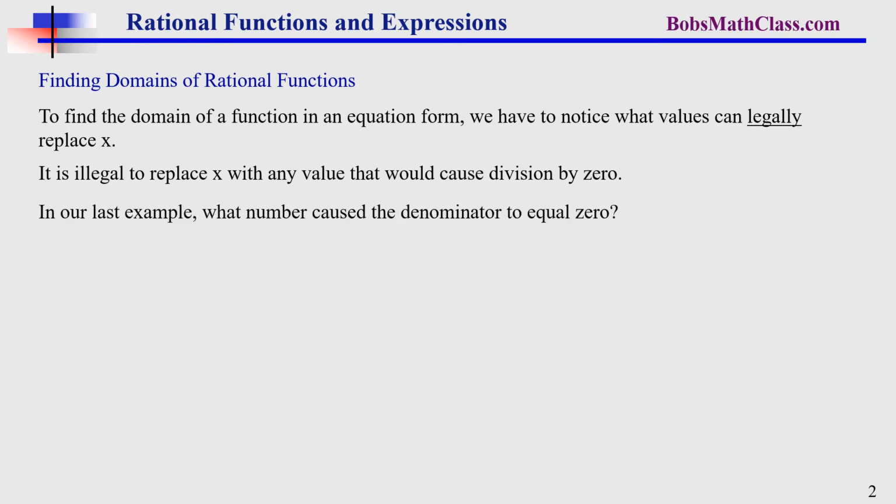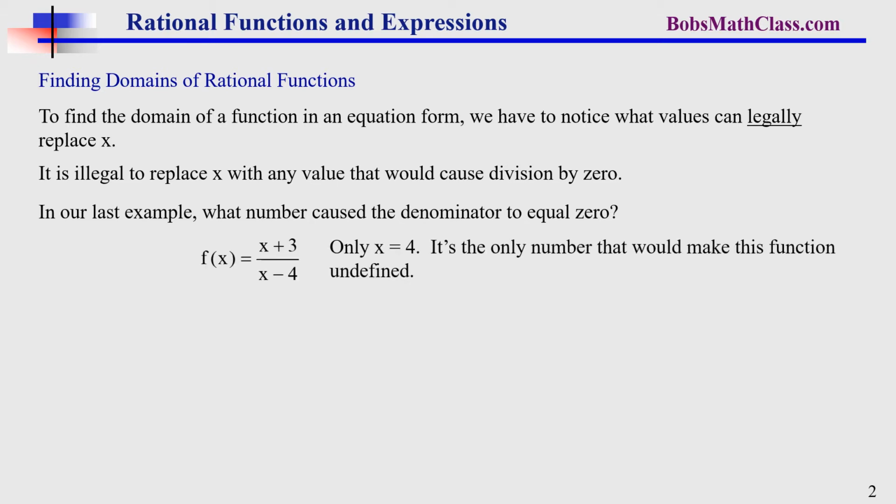Okay, so let's think about that last example. What number caused the denominator to be equal to 0? Okay, so this was our function. F of x equals x plus 3 over x minus 4. Only x equals 4. It's the only number that would make this function undefined.